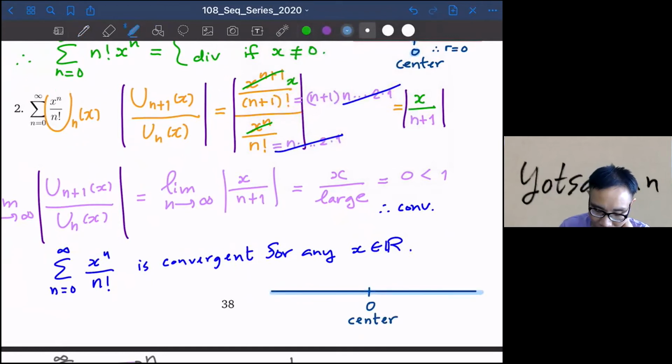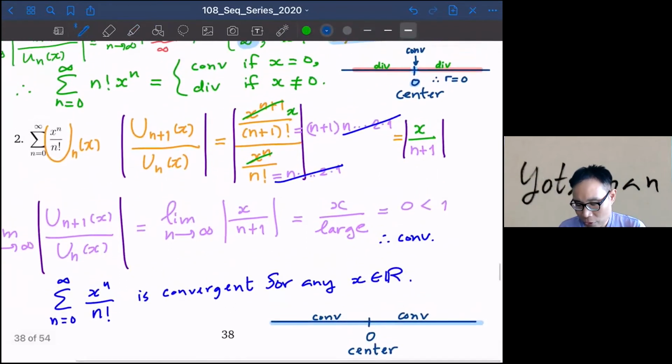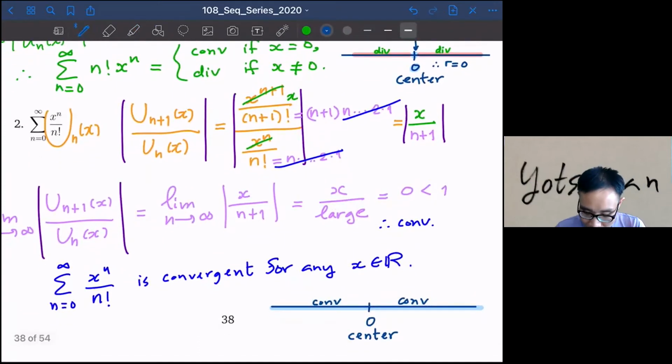So this one converges for every point. In this case, the radius of convergence turns out to be infinity. So it converges at any value.